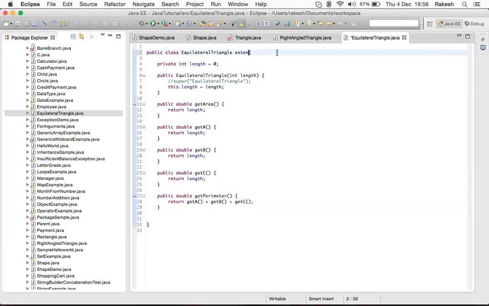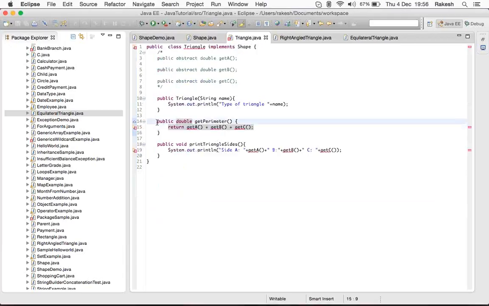I'll say extends triangle, and here I'll remove the get perimeter. So if you see, I did not duplicate my code. Both these classes are extending from the superclass, the parent, and the parent contains the get perimeter method.